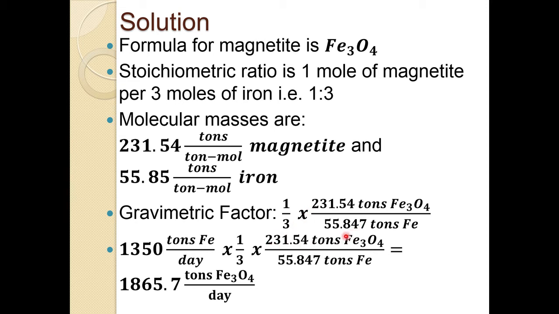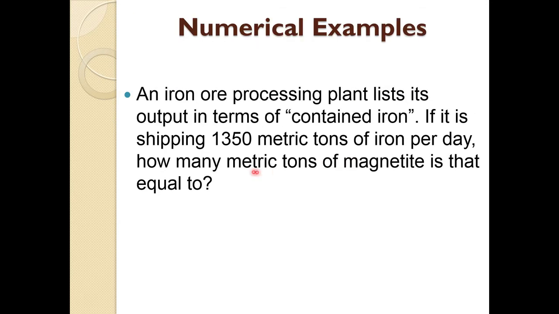So essentially what you will get is 1865.7 tons of magnetite per day. So the question is, how many metric tons of magnetite is that equal to?